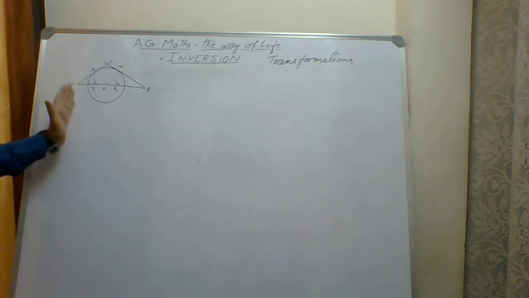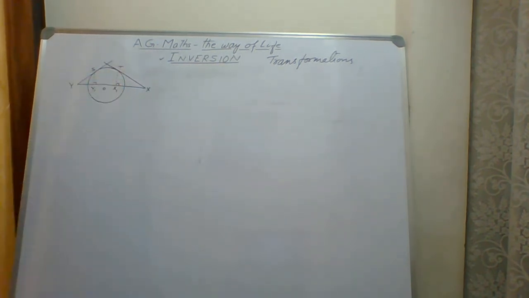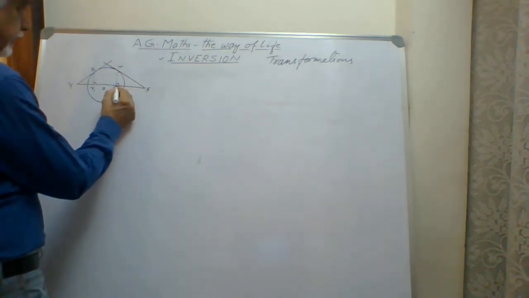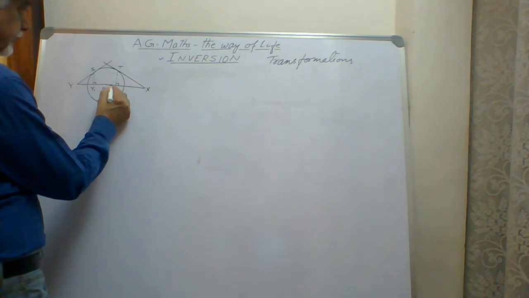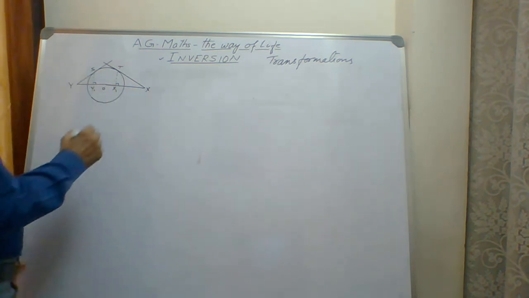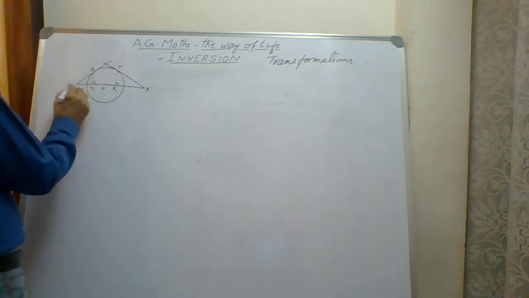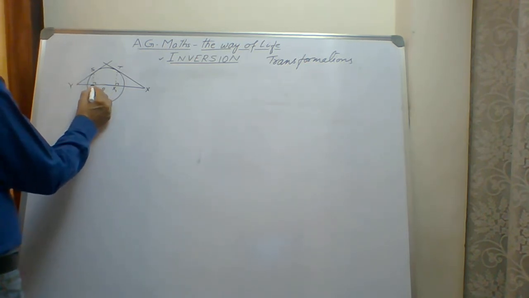So the point outside the circle is moving inside depending on how far it is from the center. Now this point was a little less far from the center, but it has moved a little farther away from the center.